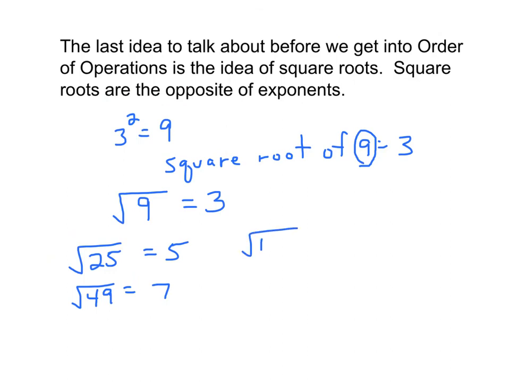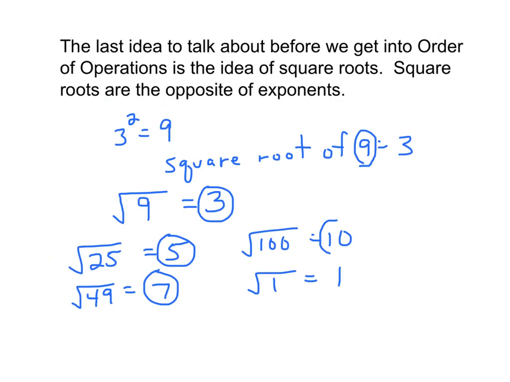The square root of 100 would be equal to 10, because 10 times 10 is 100. And the square root of 1 would be equal to 1, because 1 times 1 gives me that 1. Notice that all of these answers that I gave right now are perfect answers. In other words, these are perfect square roots.